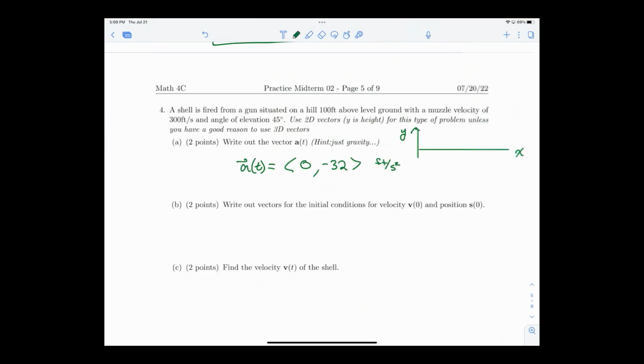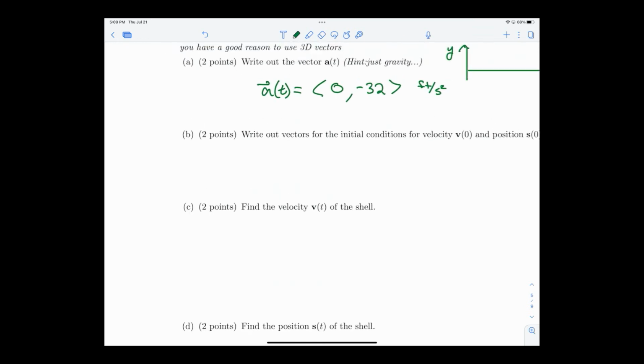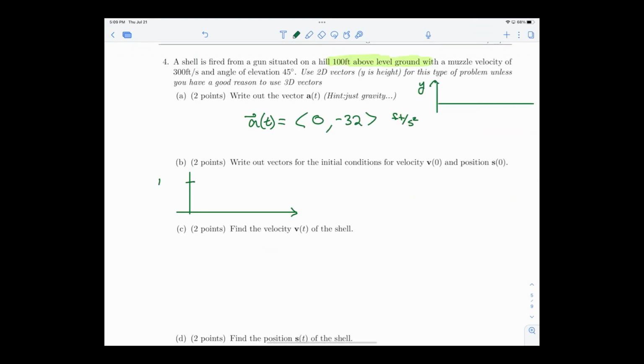Now it says part B: write out the vectors for the initial conditions, v(0) and position. The situation is we're starting out 100 feet above level ground. So we're starting up here at 100.